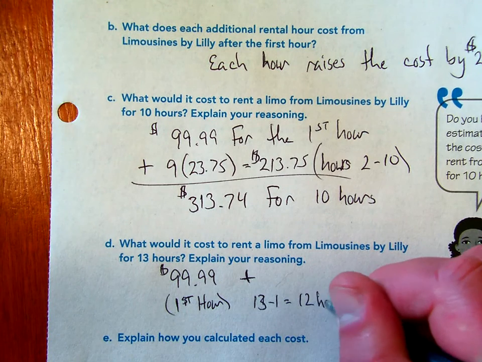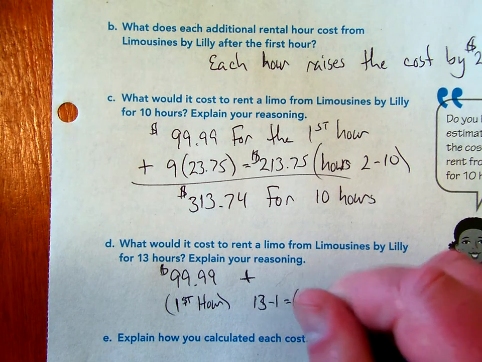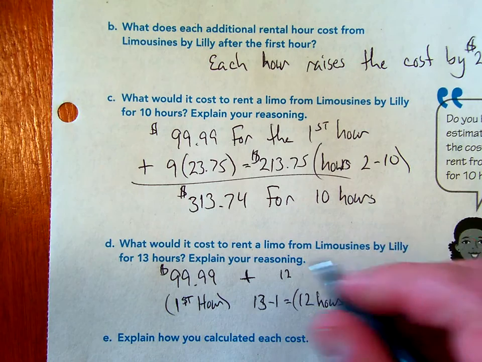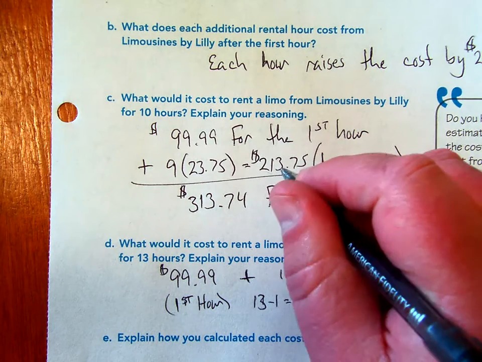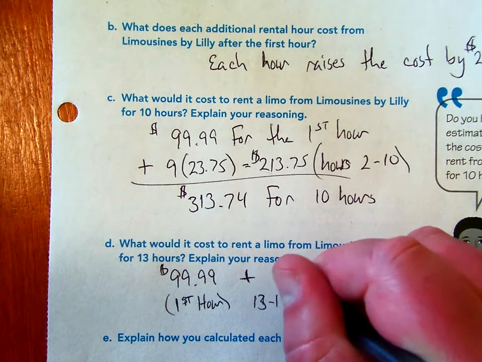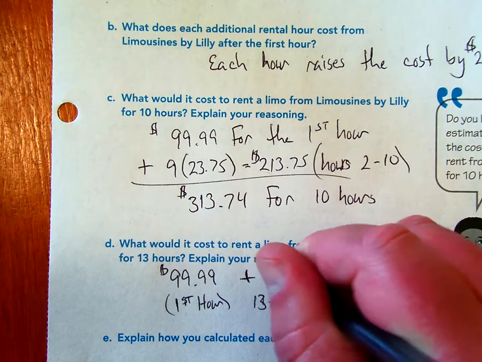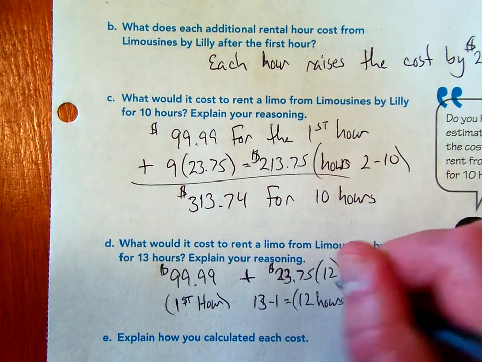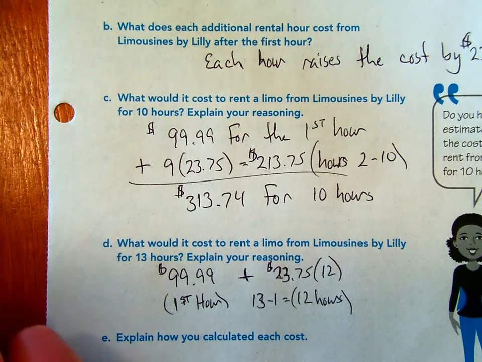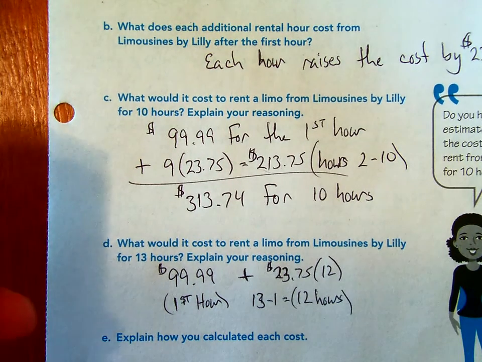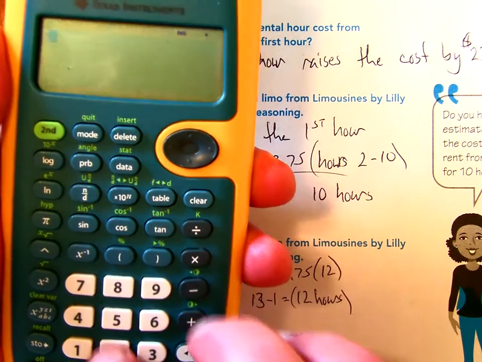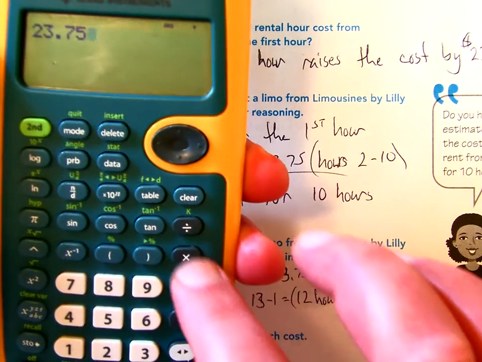And so what is the fee? $23.75 times 12 hours. And $23.75 times 12, again, good use of calculators, is $285.